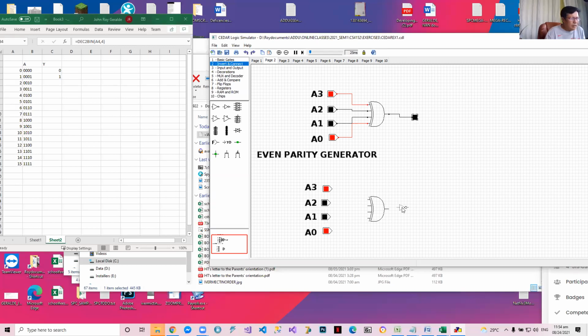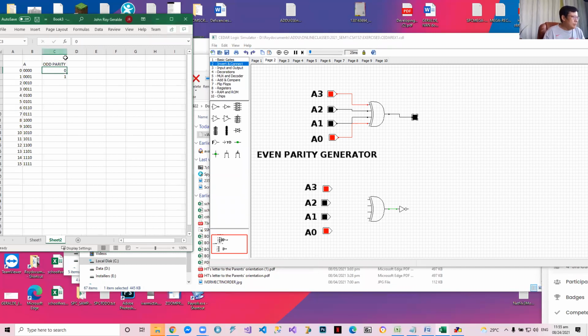This one, okay. This is our odd parity. And this will be our even parity. You follow?